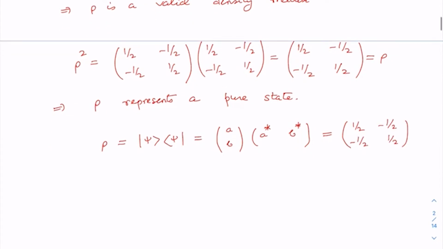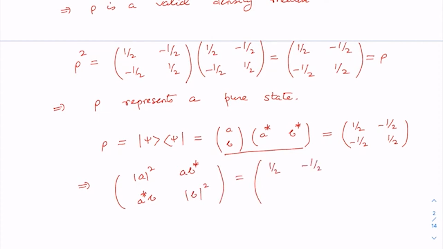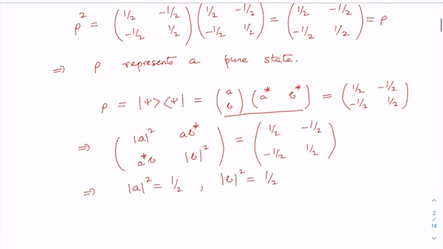So we get mod a square, a b star, a star b, mod b square, and compare element by element. Clearly mod a square is equal to half, mod b square is equal to half, and a star b or a b star is equal to minus half.